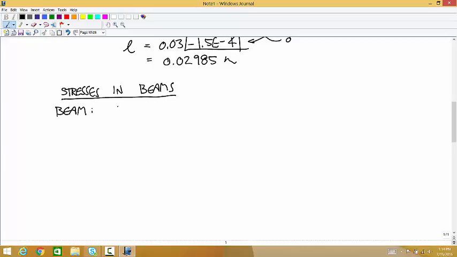So a beam is a long, slender body that's undergoing non-axial loading.